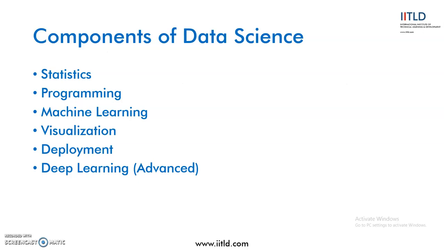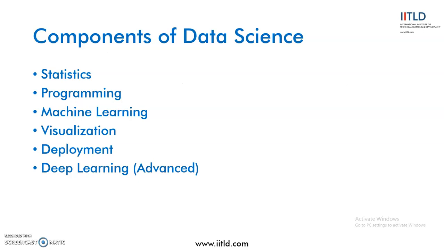Hope this gives you a little clarity when it comes to the components of data science and how they are interlinked with each other. Next, we will take each and every component and go a little bit in advance.